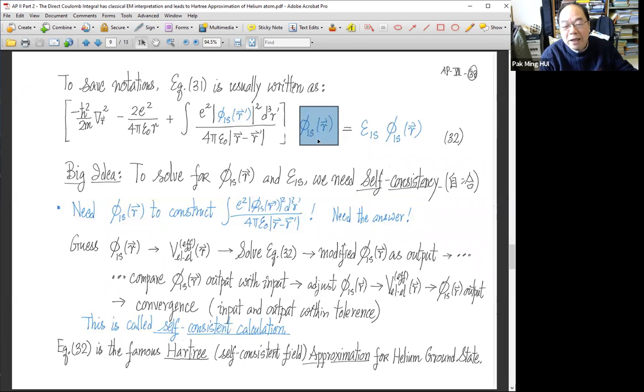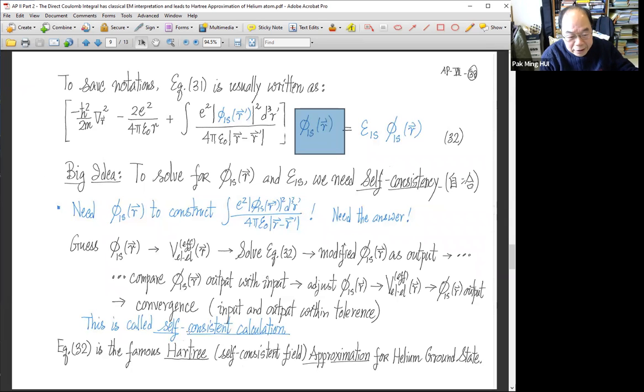You tune your initial guess to a new guess, plug it in here again as new input, then you get a new output, compare again, no good, do it again and again until you set a tolerance. If the input and the output agree within your tolerance level, then you have got a self-consistent solution.